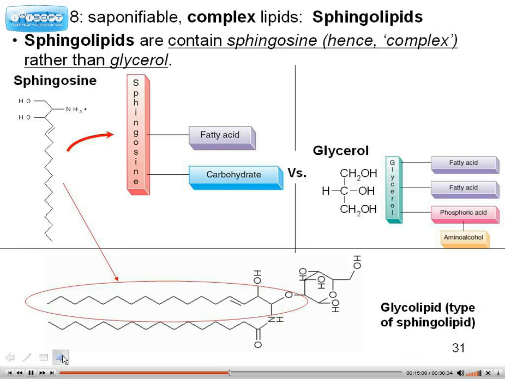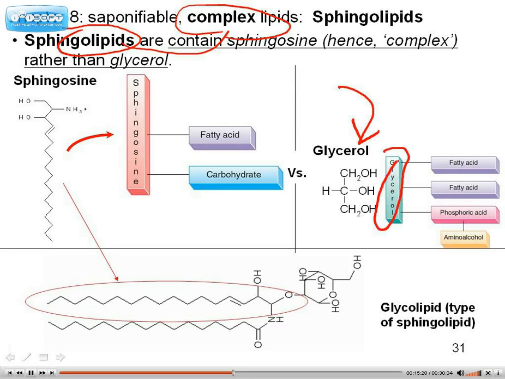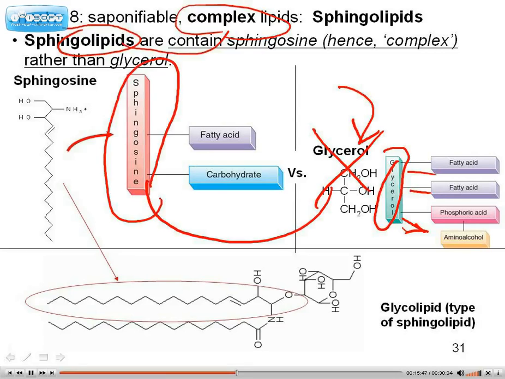These are called sphingolipids. They're another type of complex lipids. Now, if we've been messing around with the glycerol head or glycerol cap, which binds to the fatty acids and the phosphate derivative, in sphingolipids, basically what we do is we replace the glycerol cap with a sphingosine cap.